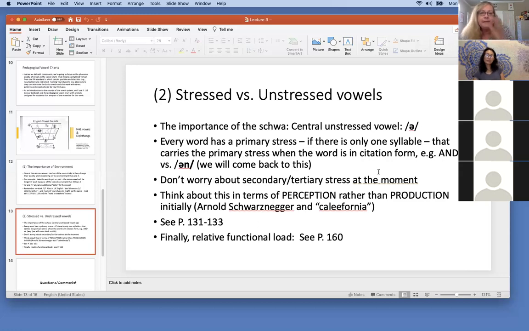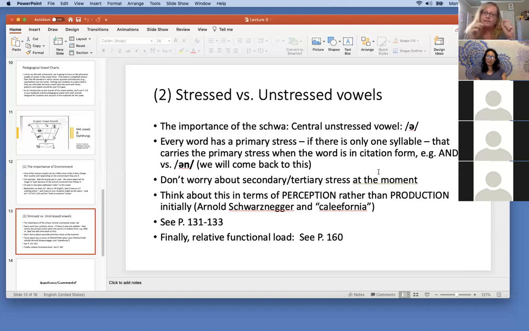Because there are many languages that don't have these centralized unstressed vowels, that can often be a problem. They can miss that unstressed vowel. It's very telling that Arnold Schwarzenegger was going from the orthography, not listening to the sound.